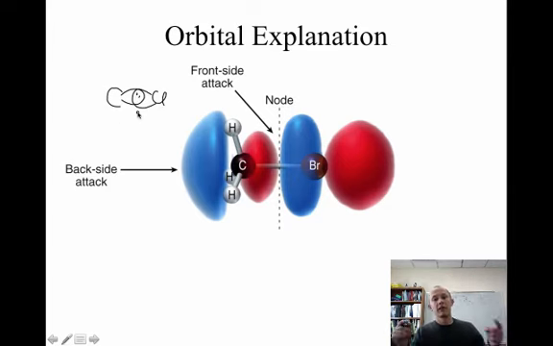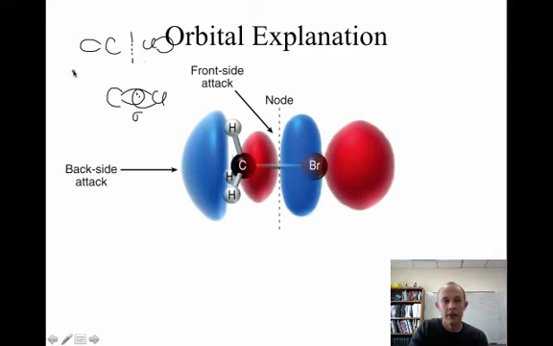But anytime you combine 2 orbitals, you create 2 new orbitals. This is our sigma bond. But we also created a sigma star, which is higher in energy, which looks kind of like this. You have a node between carbon and chlorine. You have an anti-bonding orbital on this side, and you have an anti-bonding orbital on this side. This is empty. This is an empty sigma anti-bonding orbital, which is illustrated by this lobe in the picture.